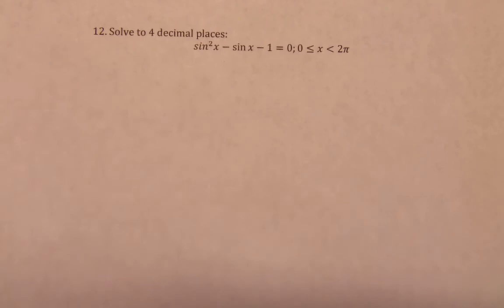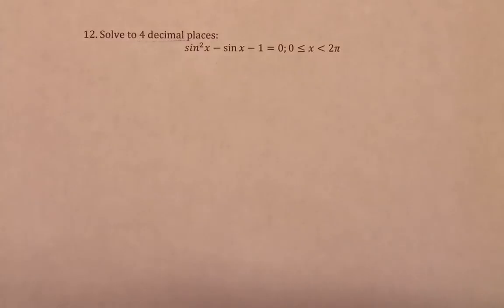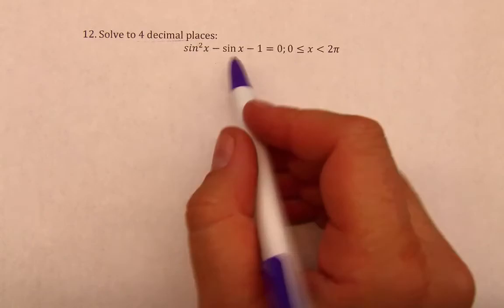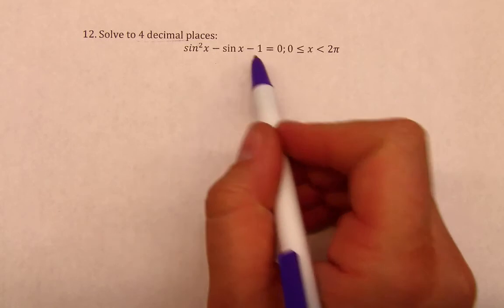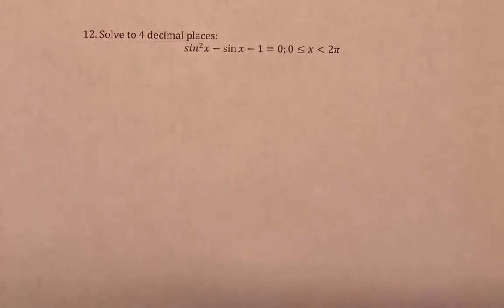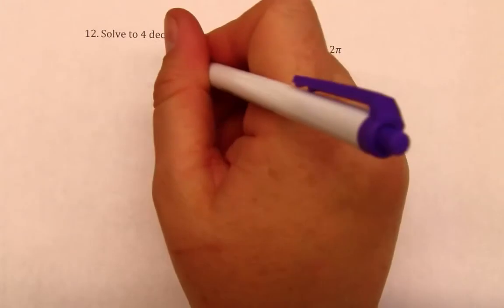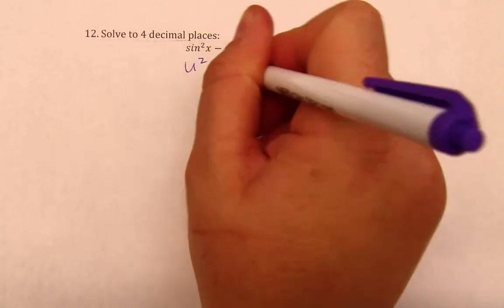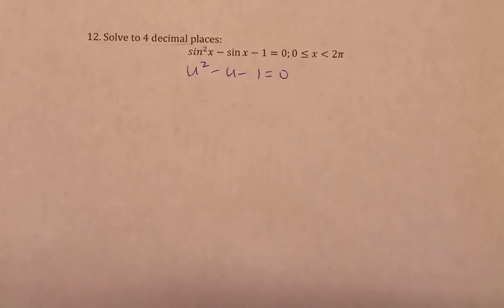All right. So we're going to go ahead and solve this. It tells us right off the bat we're going to round to 4 decimal places, so that tells me we need our calculator. We have sine squared x minus sine x minus 1. If I do a u substitution, that's going to be u squared minus u minus 1 equals 0, and that's something that we need the quadratic formula for.